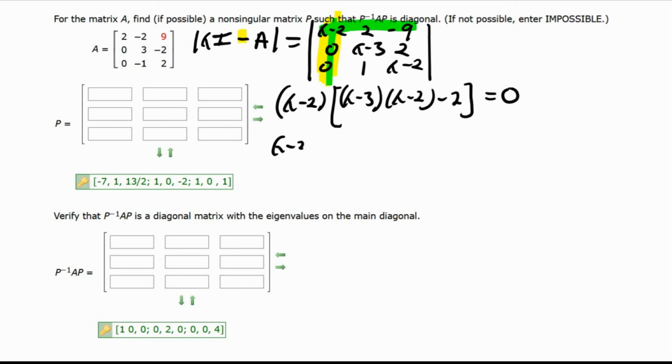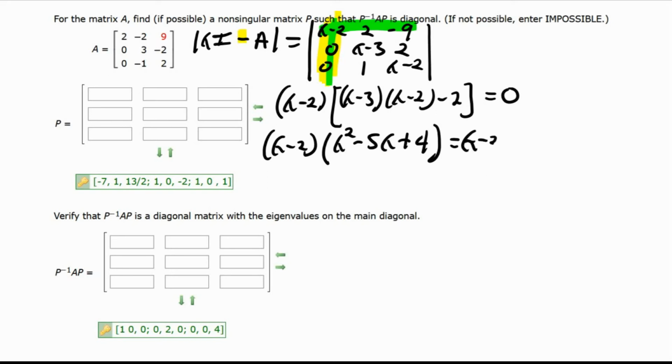So we have lambda minus 2 times lambda squared minus 5 lambda plus 6 minus 2, which is plus 4. And we could factor that again.